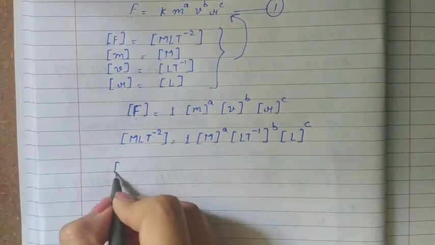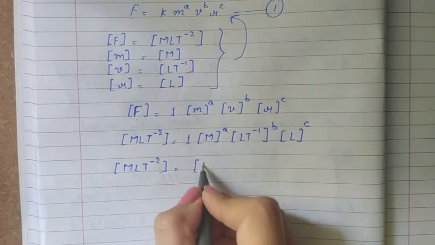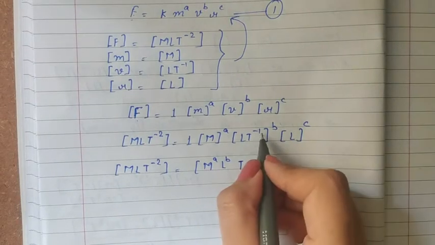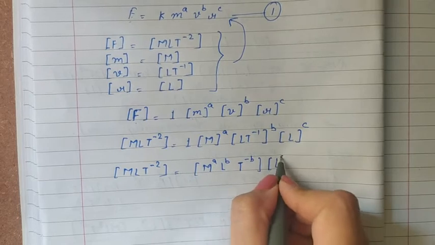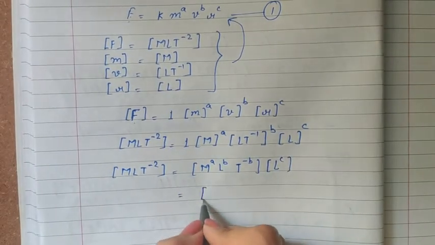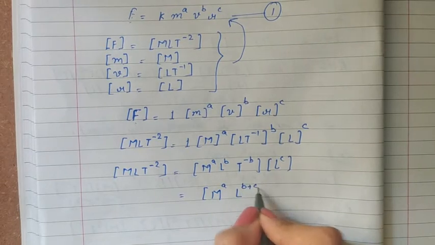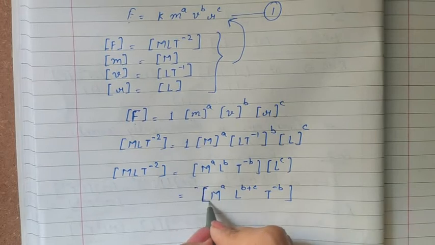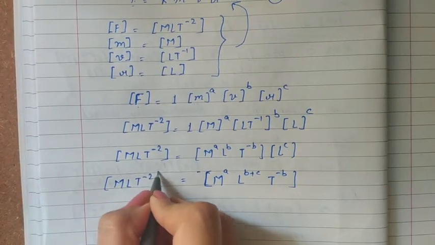On solving the right hand side we get M to the power a, L to the power b and T to the power minus b into L to the power c. Again on solving this we get M to the power a, L to the power b plus c and T to the power minus b. So this is the right side what we get, and left side is M L T to the power minus 2.